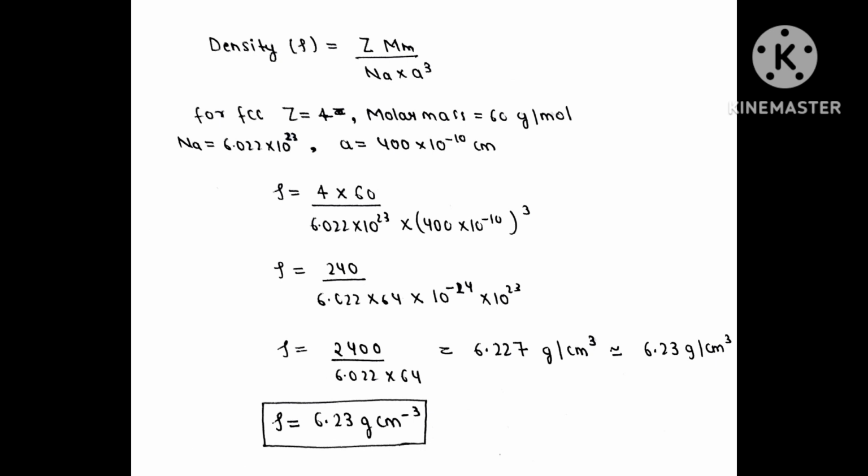See how easily you have calculated. Don't be afraid on seeing the question. The question may be long, but if you think in a proper way, you will get the answer.